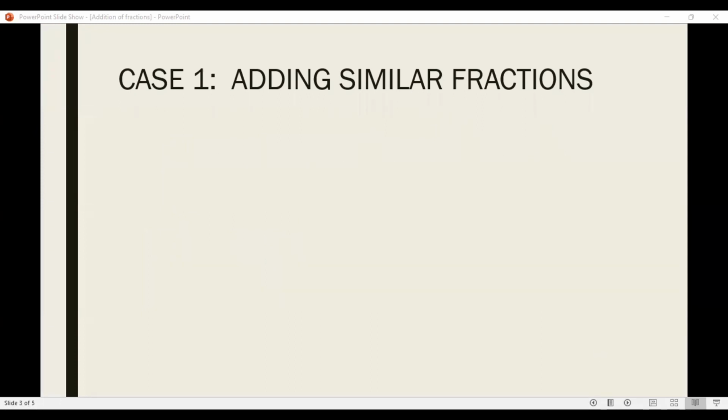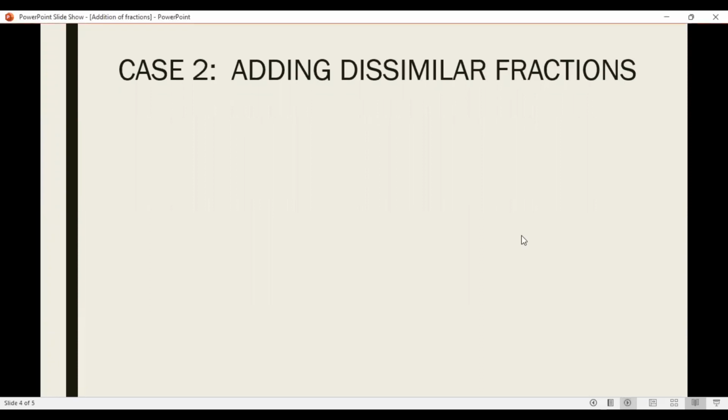The question is, what if we are dealing with fractions with dissimilar denominators? So that will be our case number 2. So if, for example, you are given 3/7, and we are adding this to 5/14.